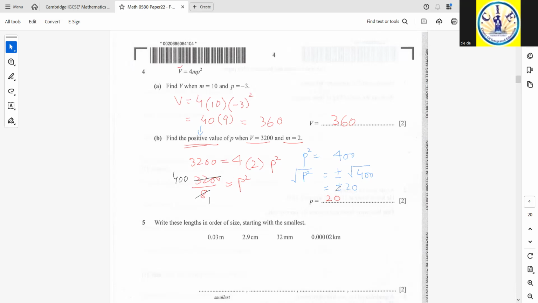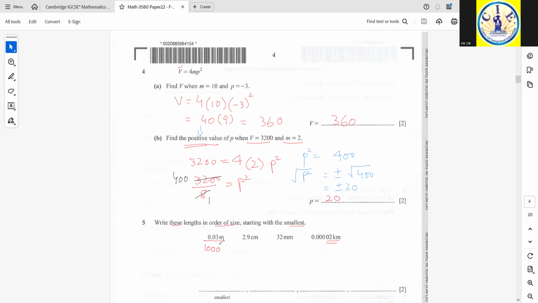Now it's question number 5. Write these lengths in order of size, starting with the smallest. The best way is to convert all these lengths into one single unit. Let me solve for kilometers. When I convert this meter into kilometer, obviously I need to divide it by 1000.